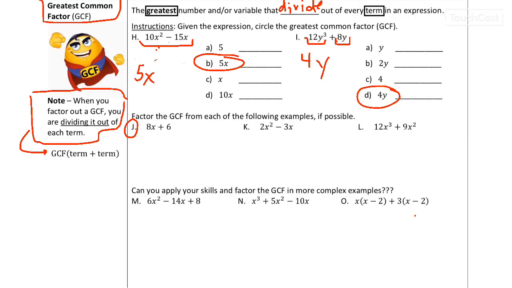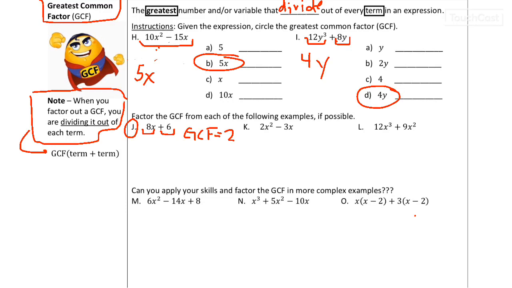So just like before, we're looking at each term, 8x and 6, and we're trying to decide what's the biggest number that divides 8 that also can divide 6. So when we do that, the GCF, greatest common factor, is going to have a 2. 2 is the biggest number that can divide 8 and also divide 6.